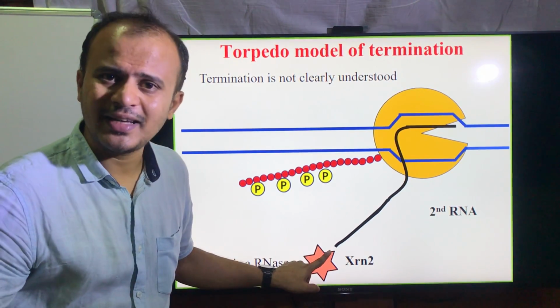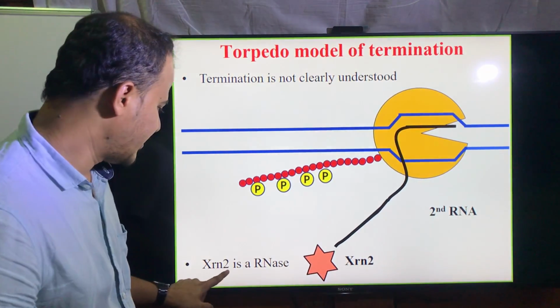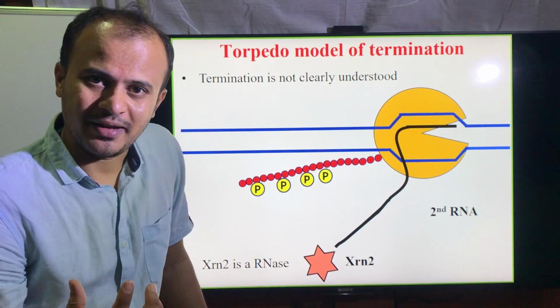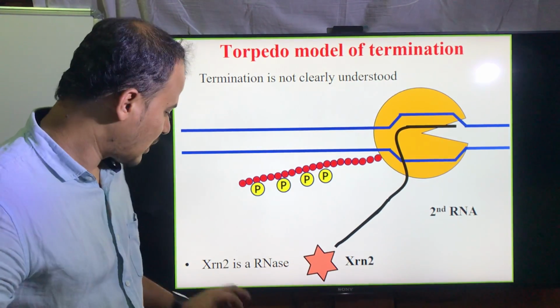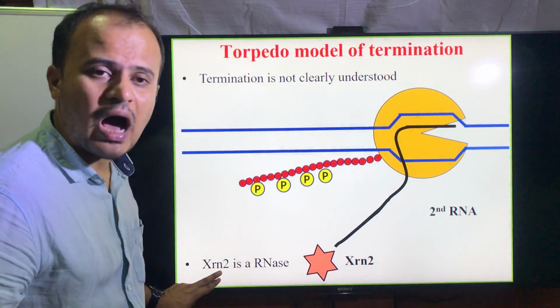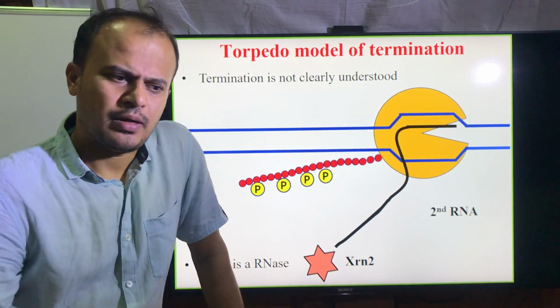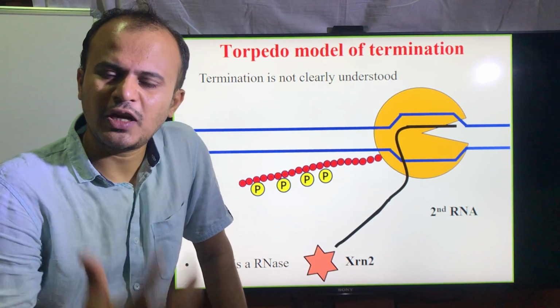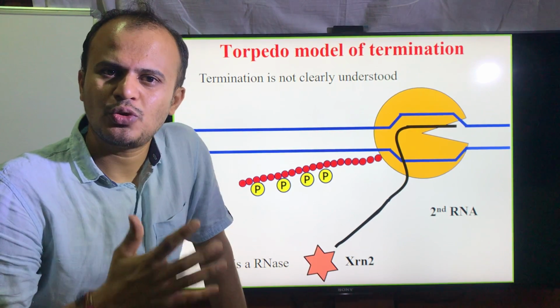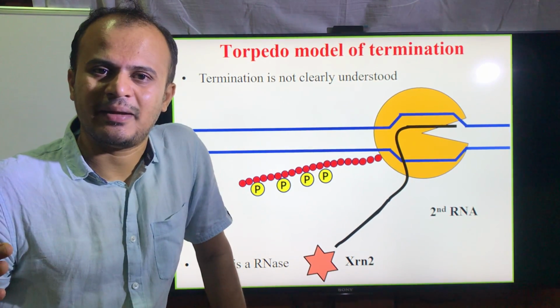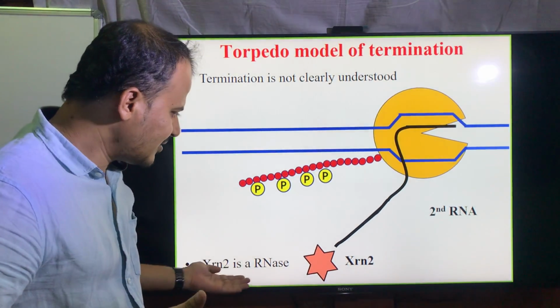If this mRNA is not protected, there is a protein in humans called XRN2. It is an RNase. As you all know, the function of an RNase is to degrade RNA.